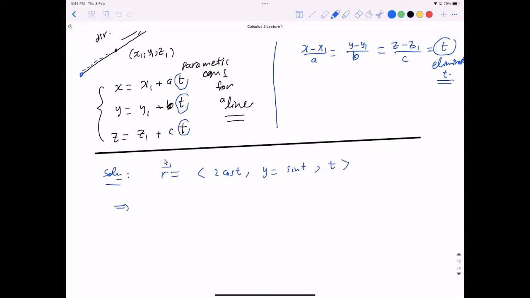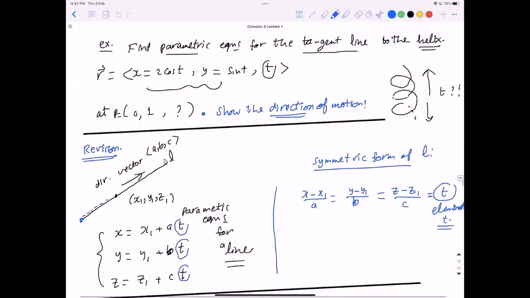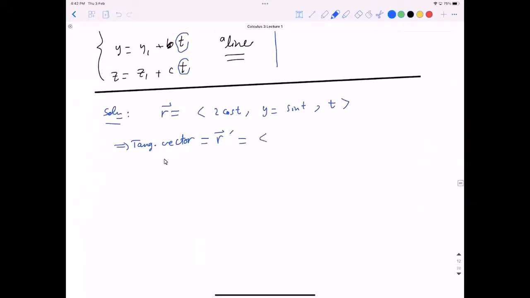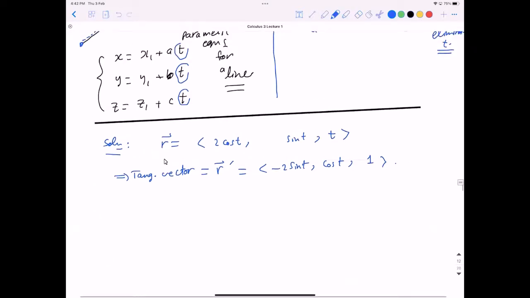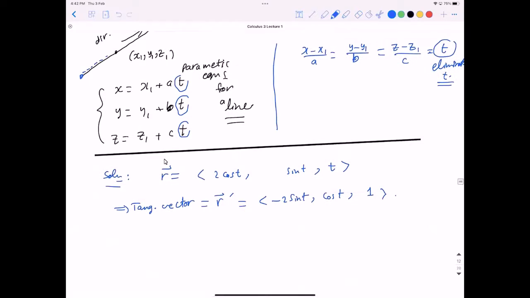So derivative, tangent vector, it's r prime. We don't need t. He didn't ask about t, so we don't need to complicate it. Differentiate, as usual, this is minus 2 sine t. The derivative of sine t will be cosine t. Derivative of t is 1. This is the tangent vector.